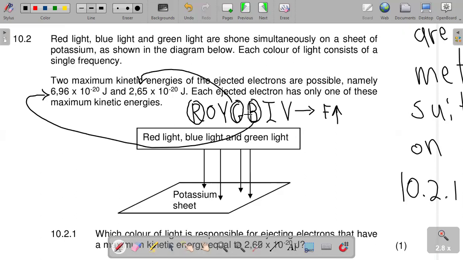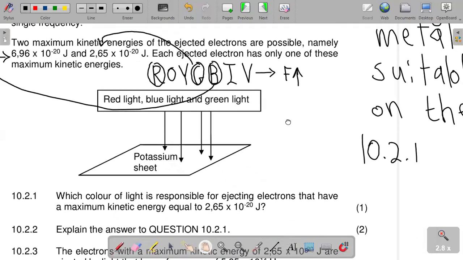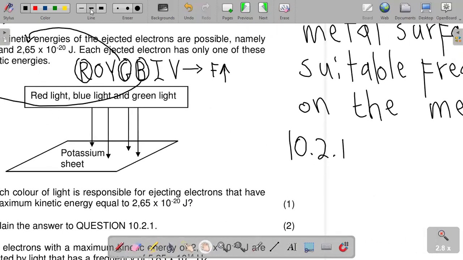We don't consider the red here, because the red has less frequency than both green and blue. So our answer here is going to be green.